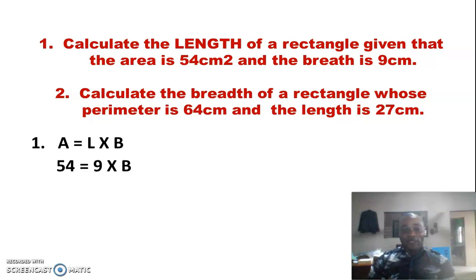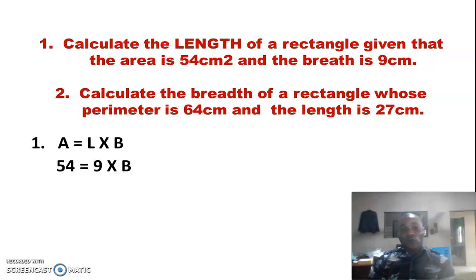Are you getting me? The breadth is what? 9 centimeters. We are told to find the length. If you look at what is displayed on the screen, it is actually the length we are told to find, given that the breadth is 9 centimeters.